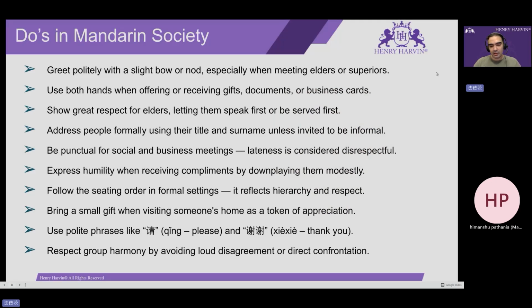It's always better to use the polite approach and try to talk to that person in person, instead of having a direct confrontation, which may not be seen as polite in their society. So these are some of the most important points we need to take notice of, especially when interacting with people from a Chinese speaking society.